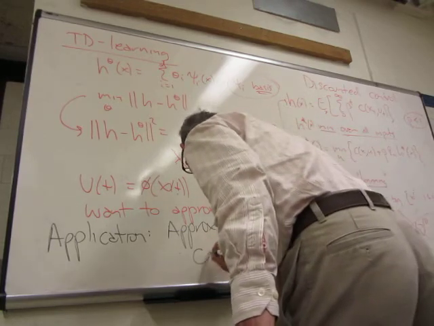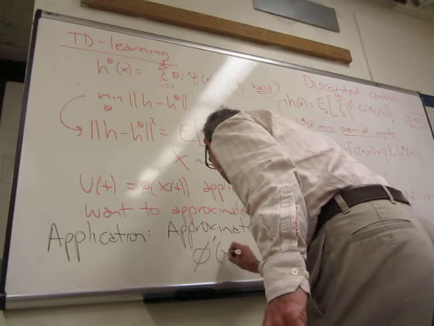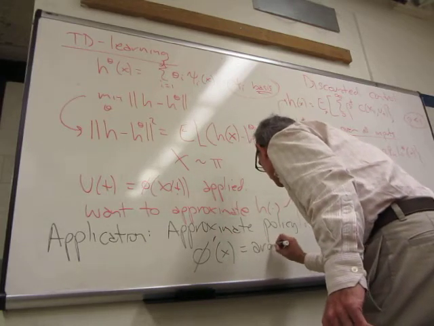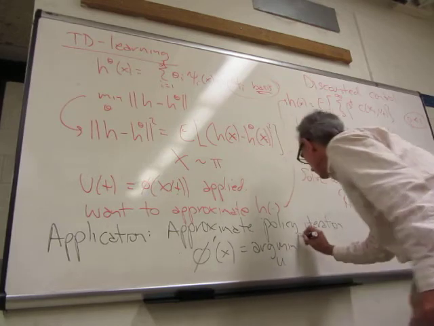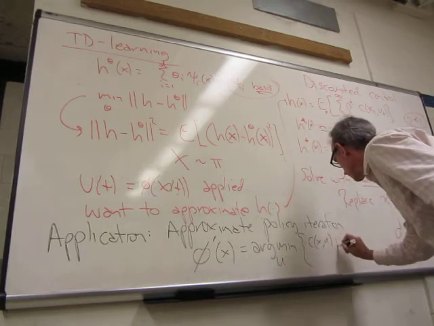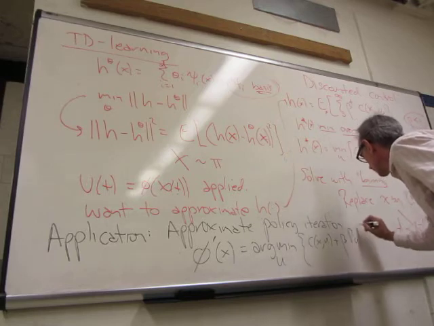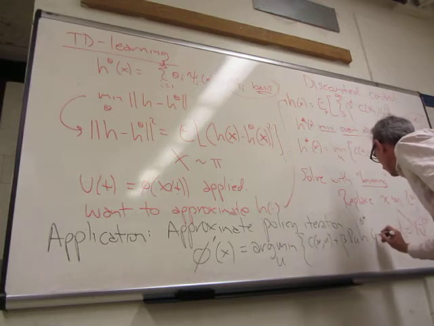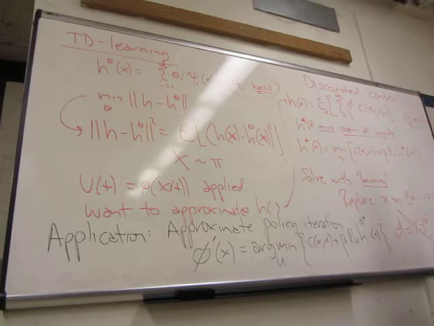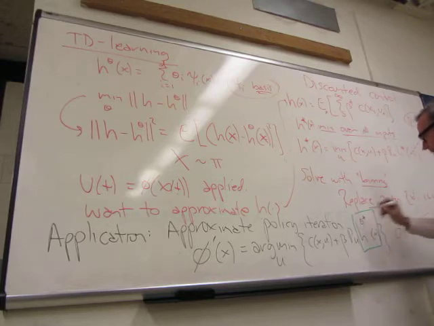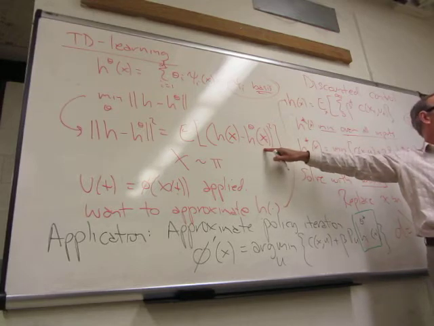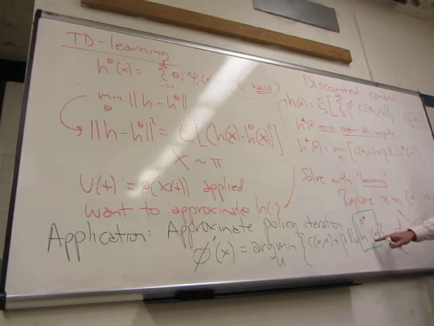And so what you get is a new policy. Given your best approximation, once you solve this problem, you get the best fit you can. You solve this argmin to get a new policy, and you win again.